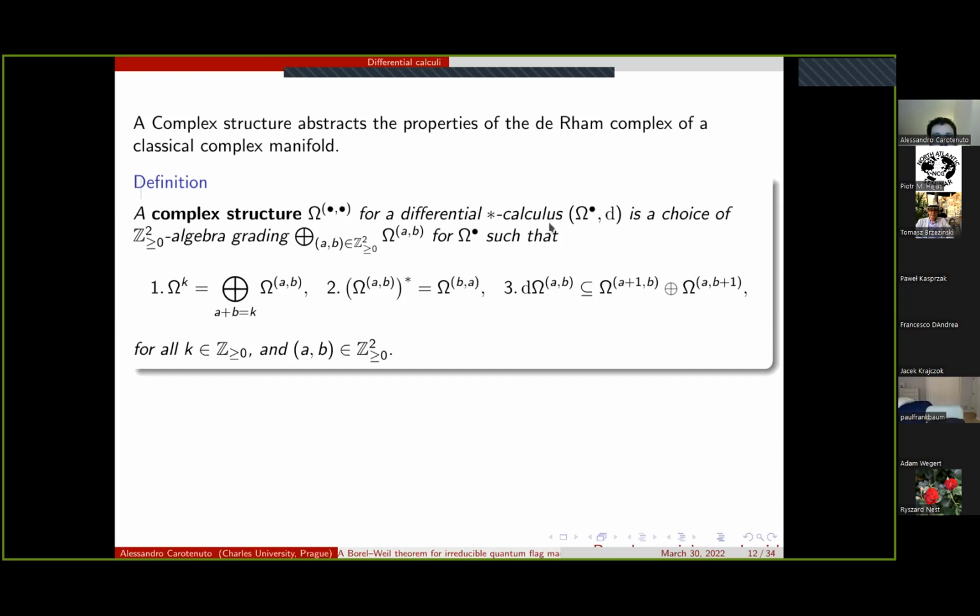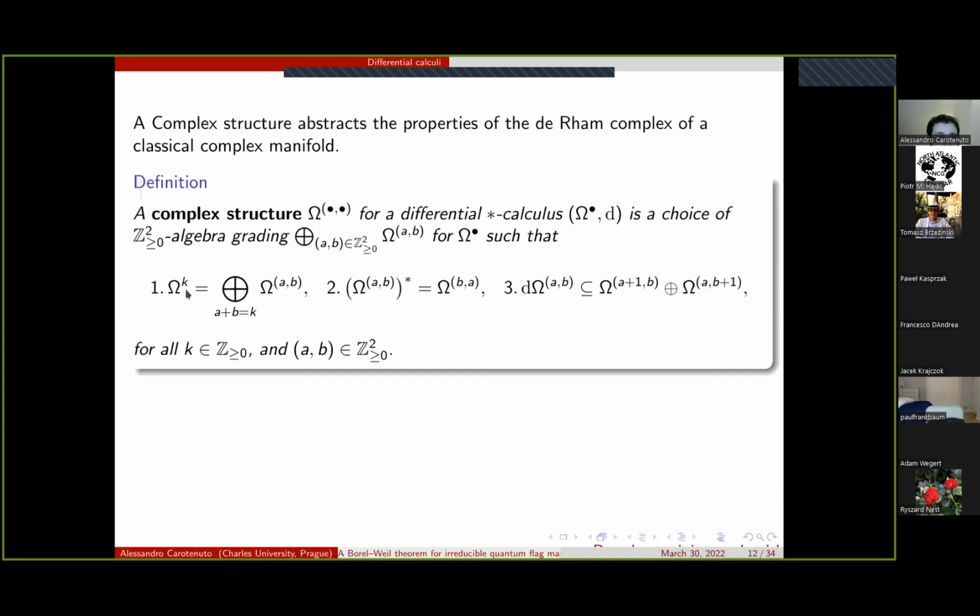That is, if I have a differential calculus, I look at the Z squared grading over omega, such that I have, of course, this first compatibility between the differential calculus structure and the Z2 grading.